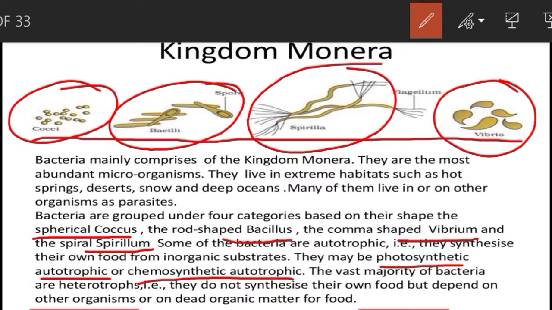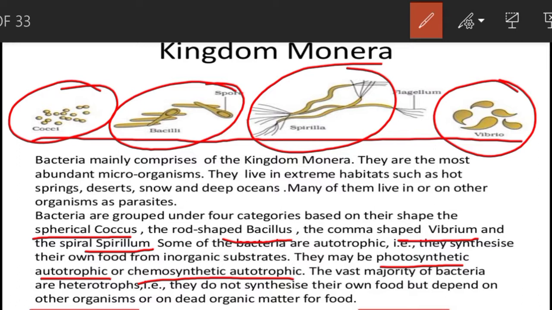Bacteria also play an important role in different steps of the nitrogen cycle. Examples of some important bacteria in the nitrogen cycle are Clostridium, Azotobacter, Rhizobium leguminosarum, Bacillus radicicola, Nitrosomonas, Nitrobacter, Pseudomonas, etc. These bacteria are also used in the fermentation process.